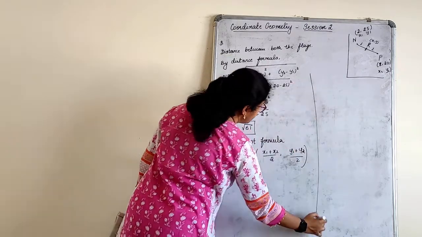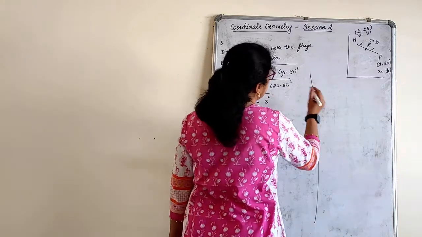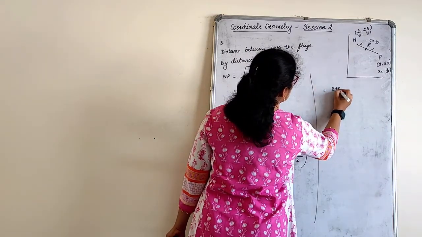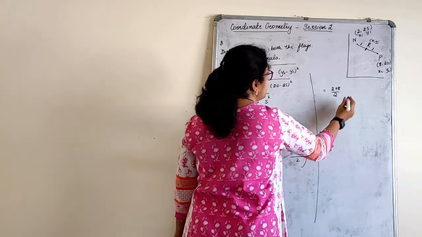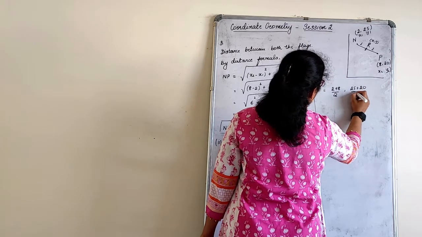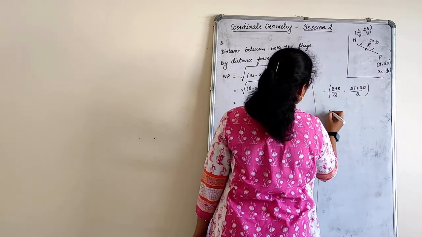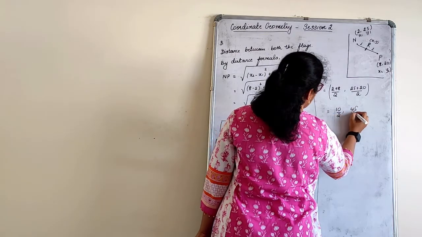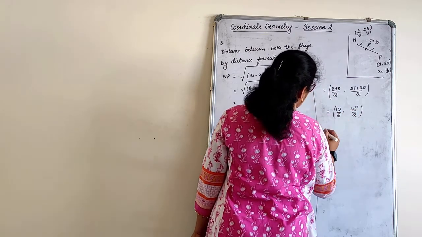I'll do it here. So x1 is 2 plus 8 divided by 2, comma 25 plus 20 divided by 2. 10 divided by 2, comma 45 divided by 2.